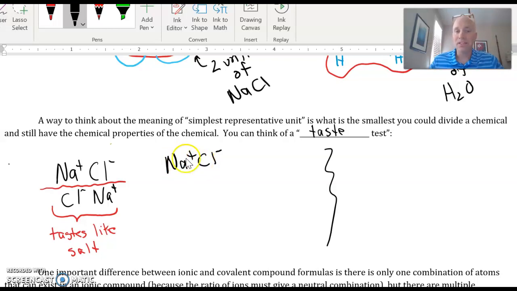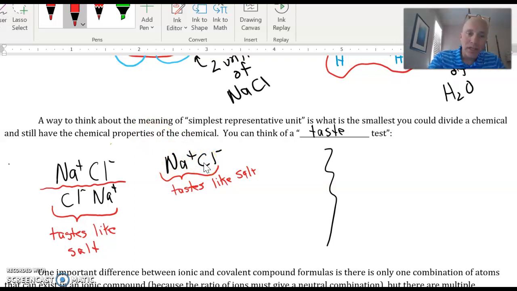It still has everything necessary to have the chemical properties of the original compound. So no matter whether you had it like this or just this part of it right here, you still have sodium chloride. So this little unit right here would still have all the properties of the original compound.